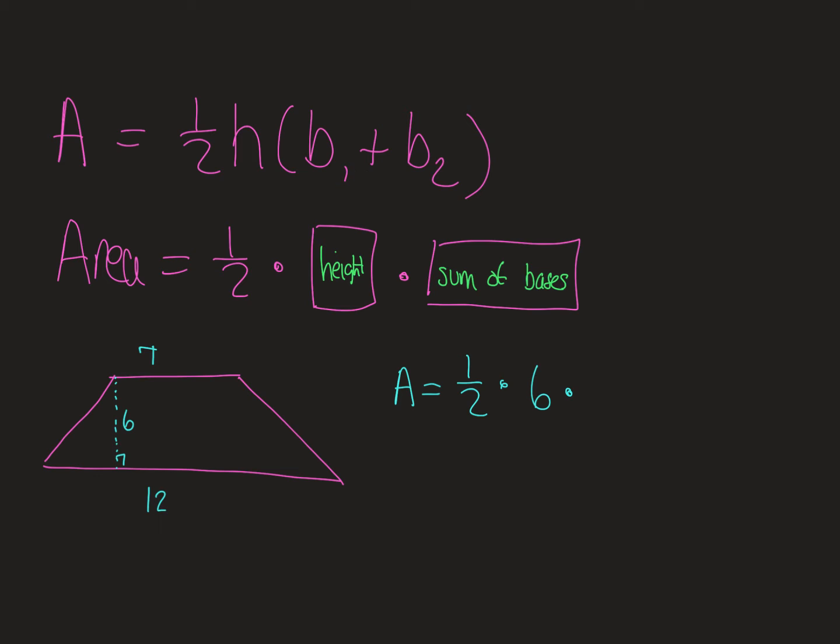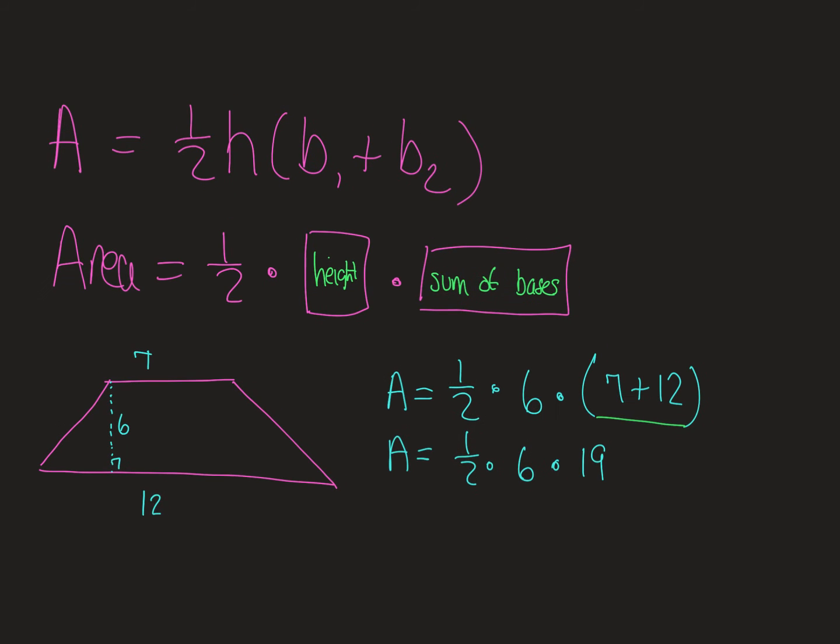And then I've got parentheses, 7 plus 12 or 12 plus 7. That doesn't matter. Second line, order of operations tells me that I'm going to do my parentheses before I do anything else. So then I get 19.